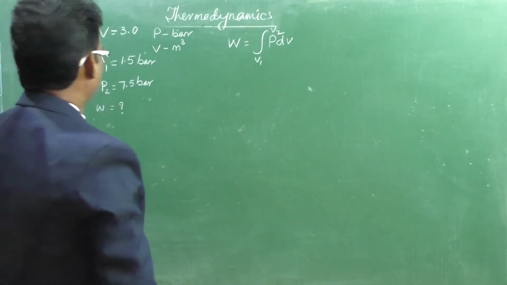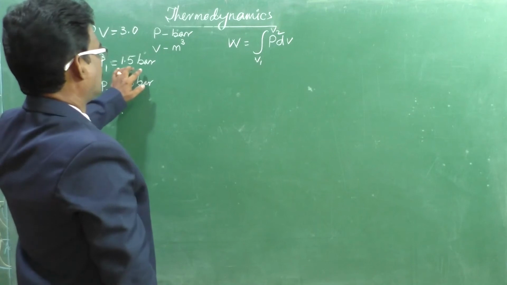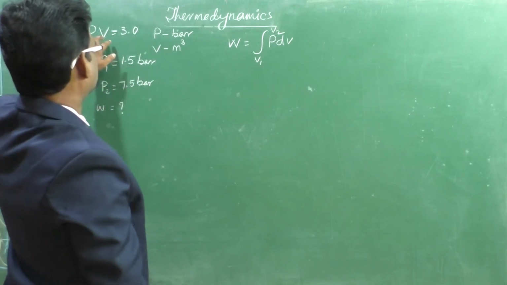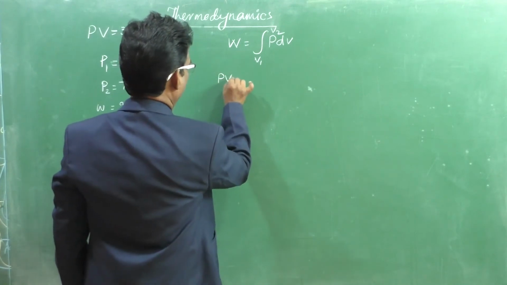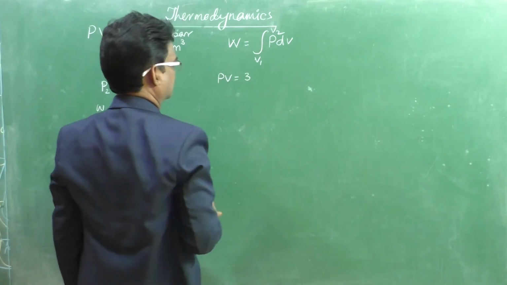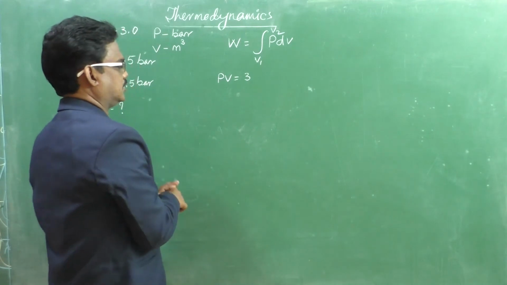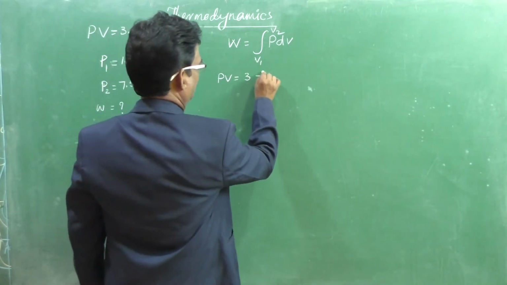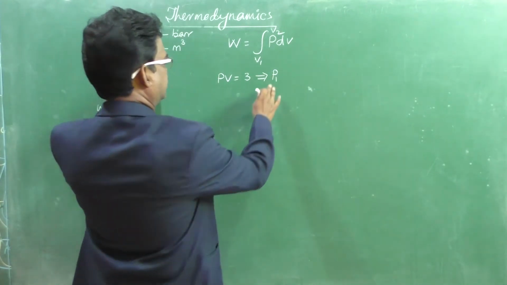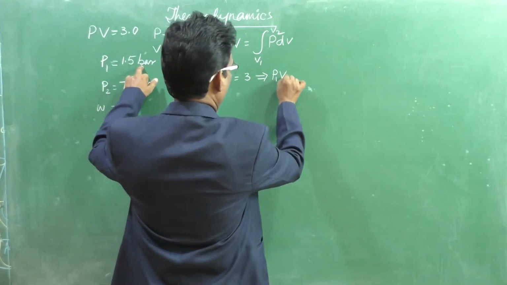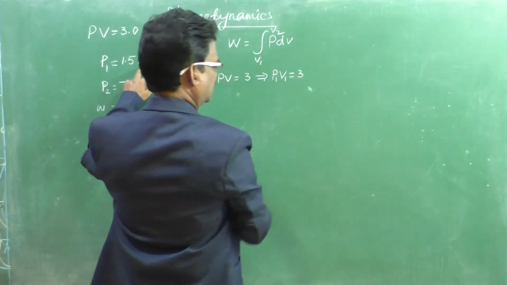Now, P1 equal to 1.5 bar, and here you can see PV equal to 3. Suppose P1 equal to 1.5 bar, then P1 V1 also equal to 3.